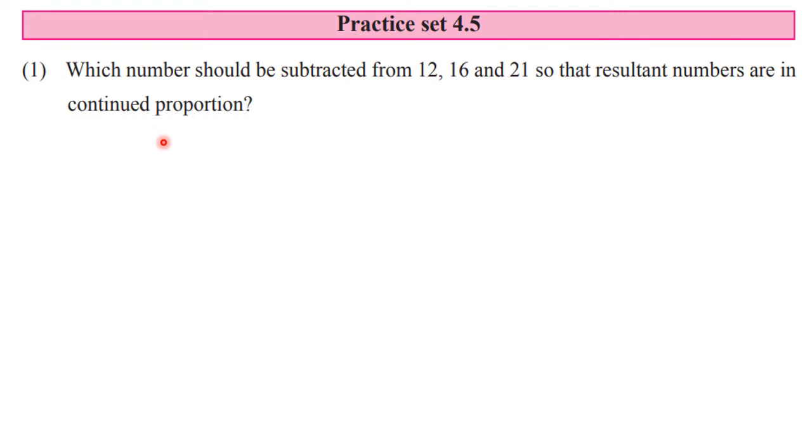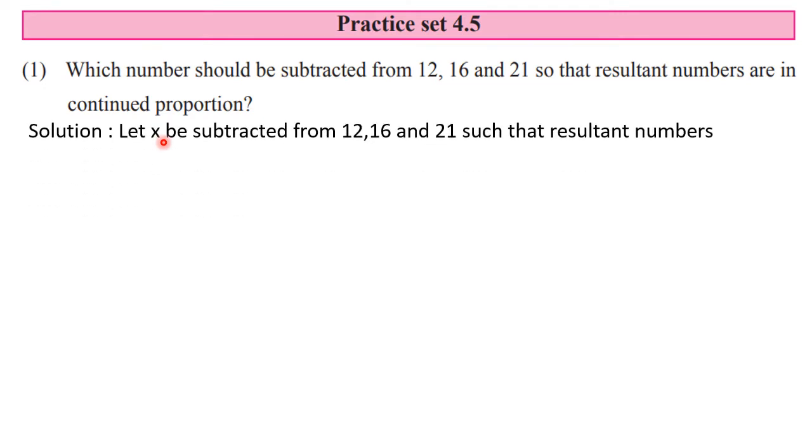Always take help of the question to write down the first statement in the answer. Okay, so let x be subtracted from 12, 16 and 21 such that resultant numbers are in continued proportion. See, only this which number you have to replace by let x.